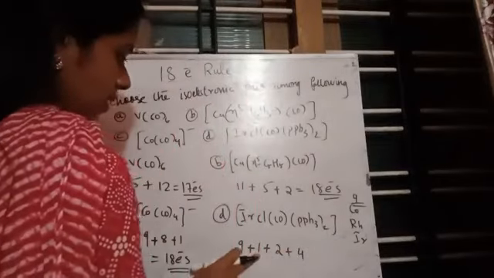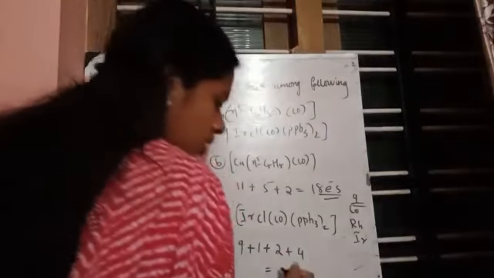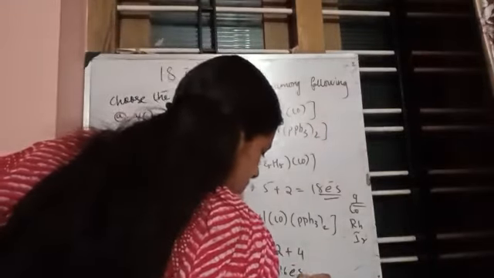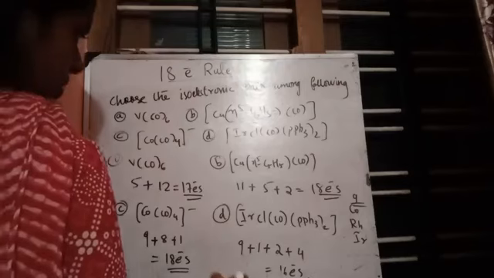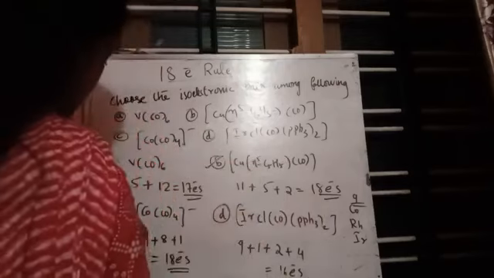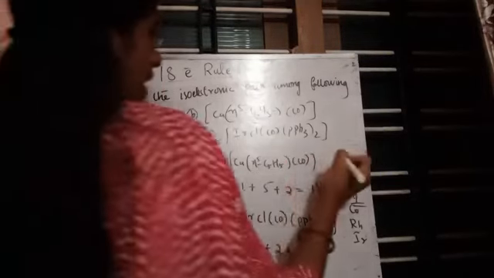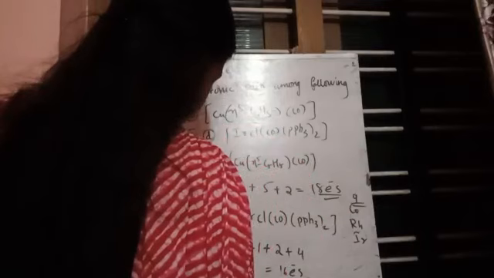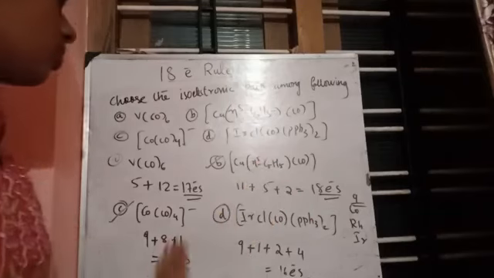So it is 6 plus 1, 7, and 7 plus 9, that is 16 electrons. So here, option B is 18 electrons and option C is 18 electrons. So the correct option is B and C. Four options are given to you and the correct one is B and C because both these complexes obey the 18 electron rule.